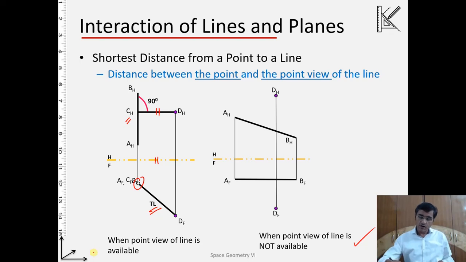In order to handle this problem, we will determine the distance between the point and the line on one of the auxiliary planes, where I can project the given line as the point view, and also take the projection of that point from where the distance is to be determined. Then the distance between the point and the point view of the line is the shortest distance.